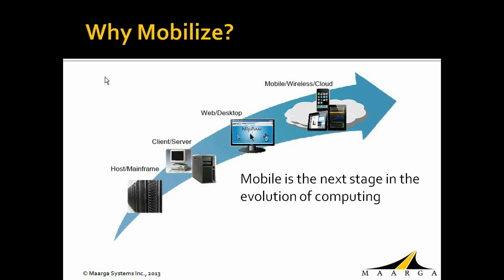So why mobilize? Today's discussion is merely the tip of a larger computing iceberg, so to speak. We have software that powers mobile devices. Those are being co-opted to power a whole range of devices, which means that applications may be accessed by a whole range of new age devices as well.